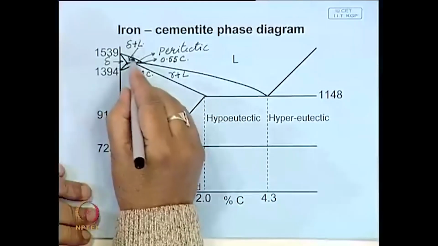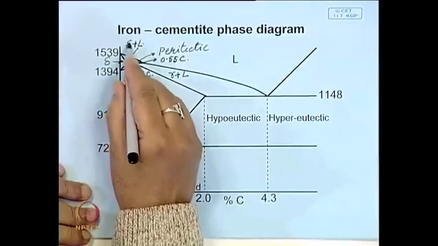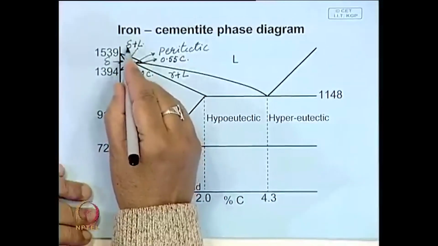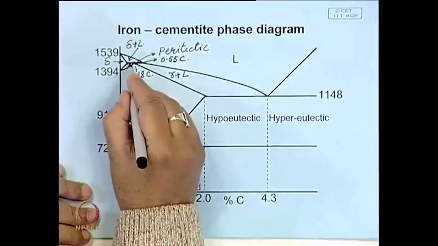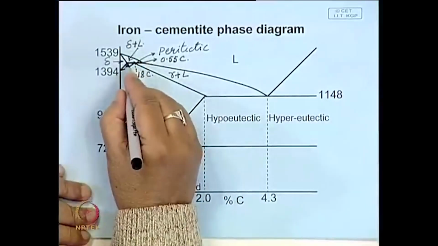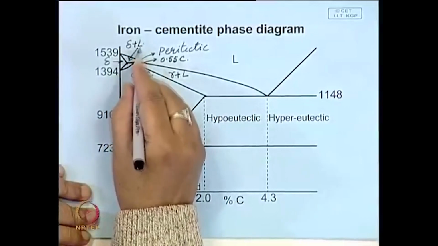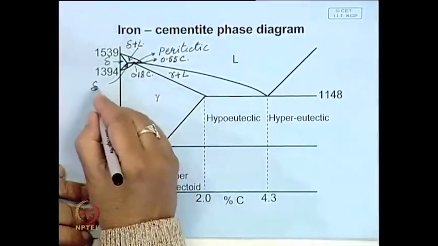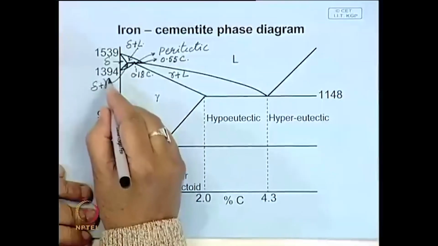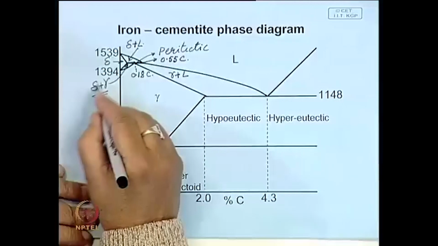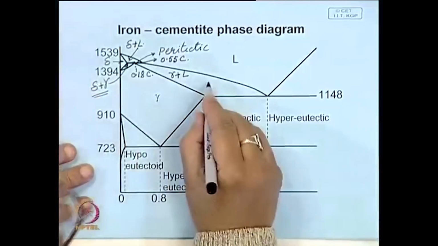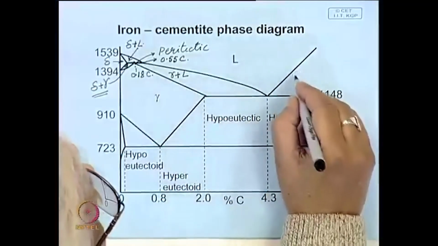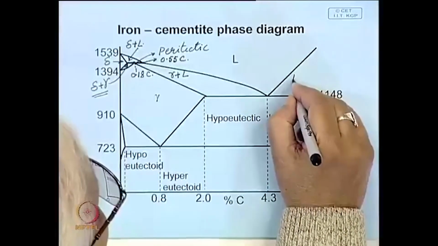Whereas on the left hand side of this peritectic point, the amount of delta is so large that the entire liquid gets consumed, and in this region you will have delta plus gamma. Gamma forms, but some amount of delta remains. Likewise, this part is gamma plus liquid, and this side you will have liquid.